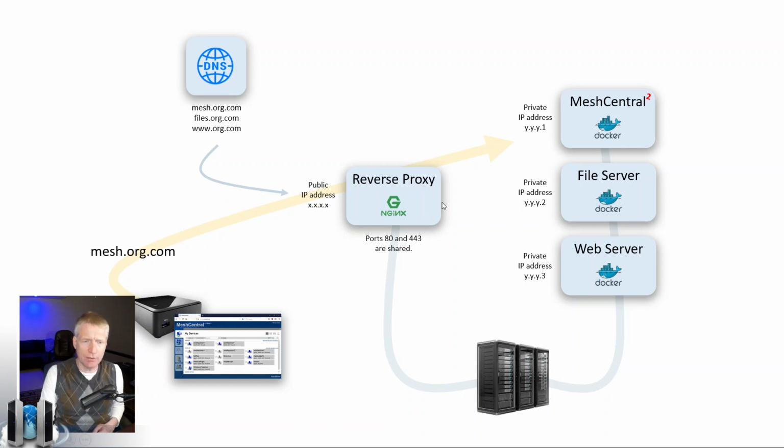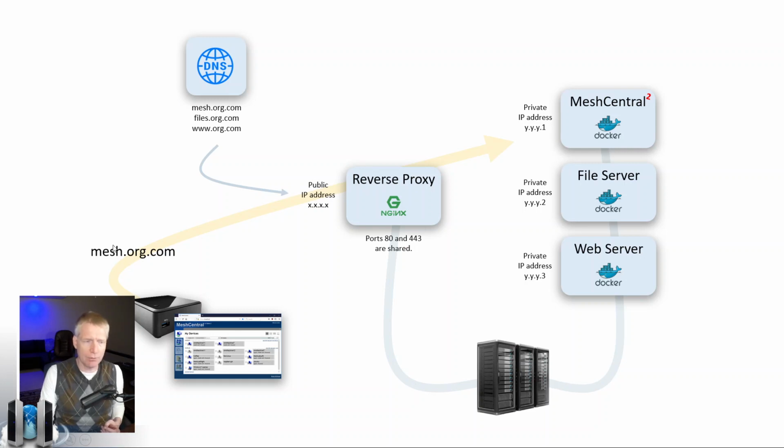MeshCentral supports reverse proxies. So in this case, you have a reverse proxy like Nginx or Apache or others. And what you would typically have on your server is a single public IP address. You would have a single port 80 and port 443, but you would have multiple DNS names that point to that address.